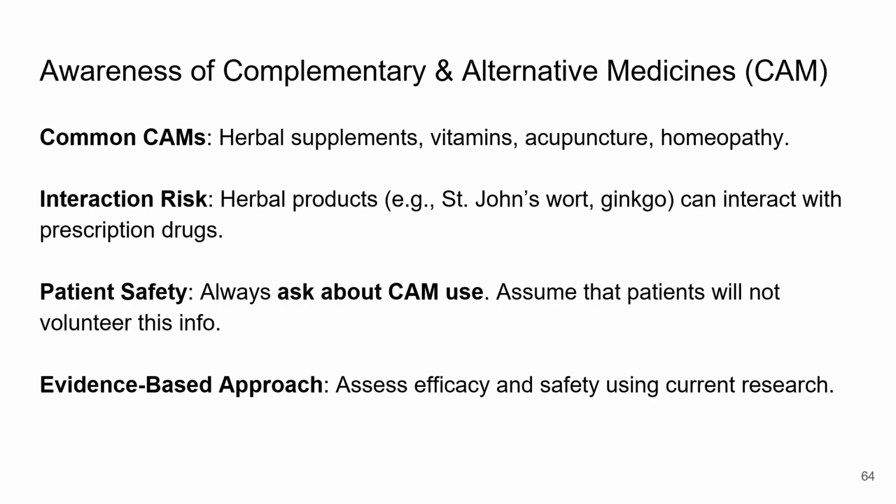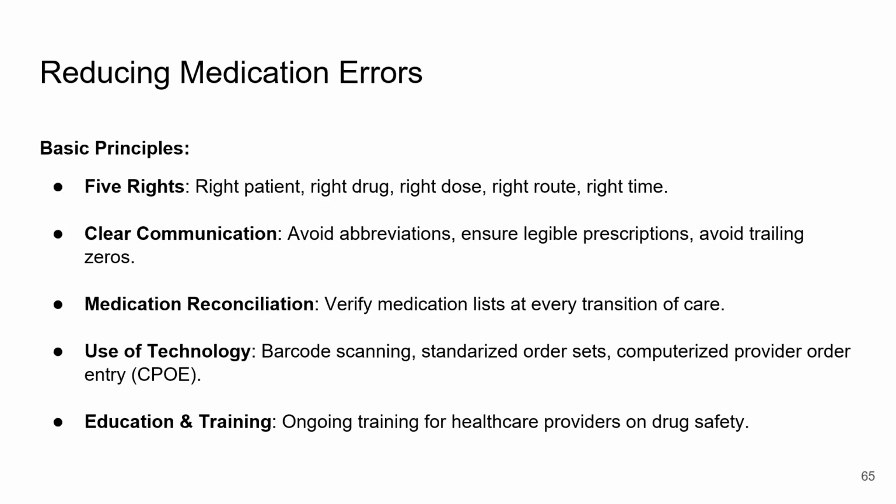So we always need to ask, do not assume the patient will volunteer. Oftentimes patients don't even consider that these would interact with their prescription medications. And then always be sure to use an evidence-based approach. So assess the efficacy and the safety based on your drug inserts and the current research.